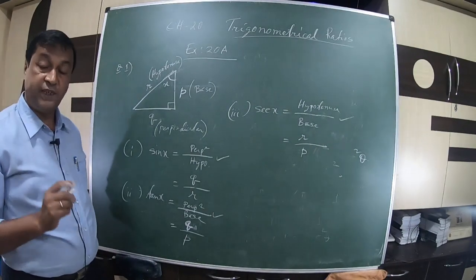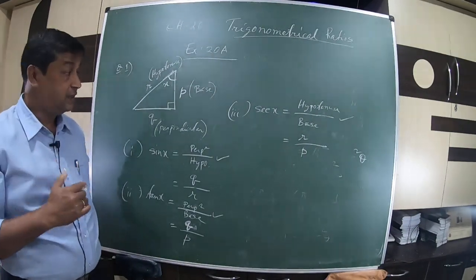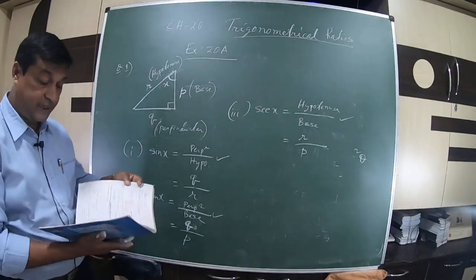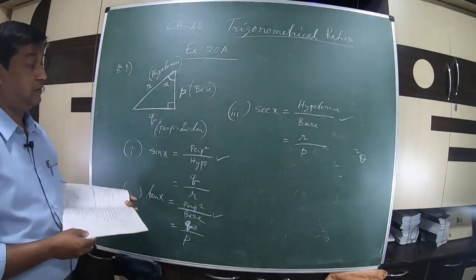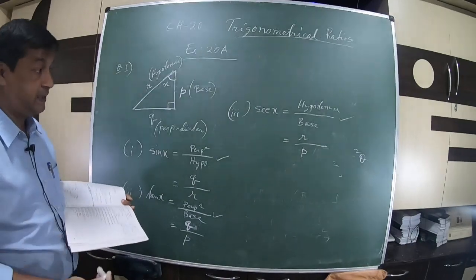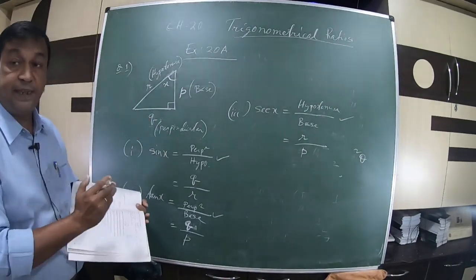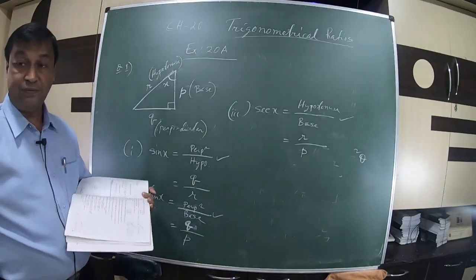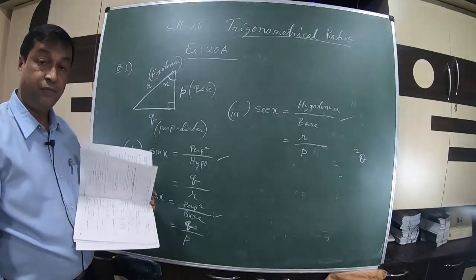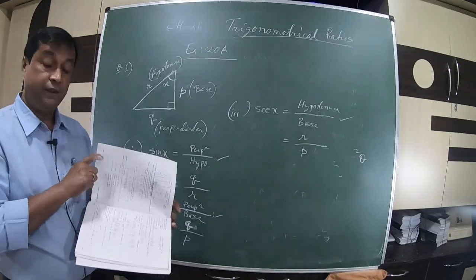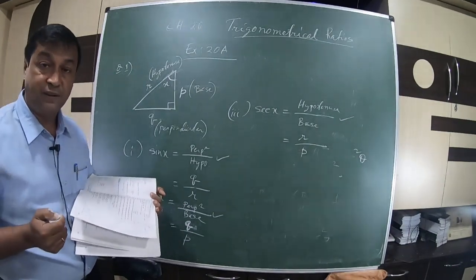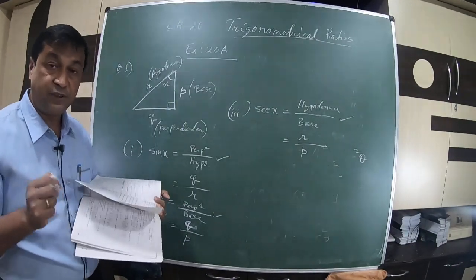So you see whether it is clear or not, because the first sum is very much important, you have to understand from the first sum itself. If it is clear to you, you can do all the rest. It will be very easy, because the main thing is to find out the perpendicular, base and hypotenuse. You will understand slowly, because this is a new chapter for you, and you don't know that formula yet. You have to learn that formula by heart.